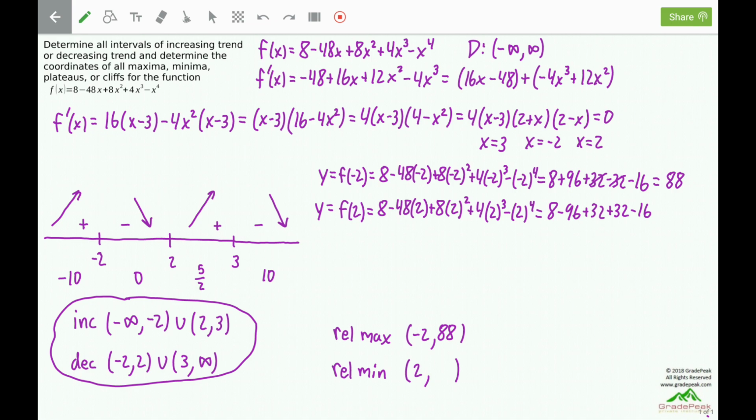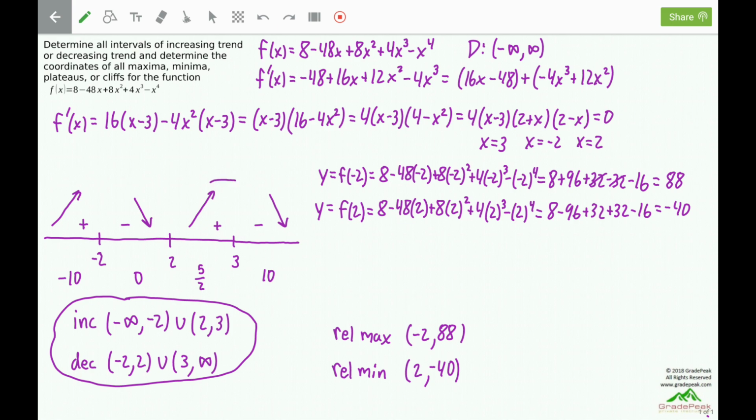Eight minus 96 is a negative 88. Plus a 32 is a negative 56. Plus another 32 is a negative 24. And then minus 16 is a negative 40. So a relative min at 2 comma negative 40.